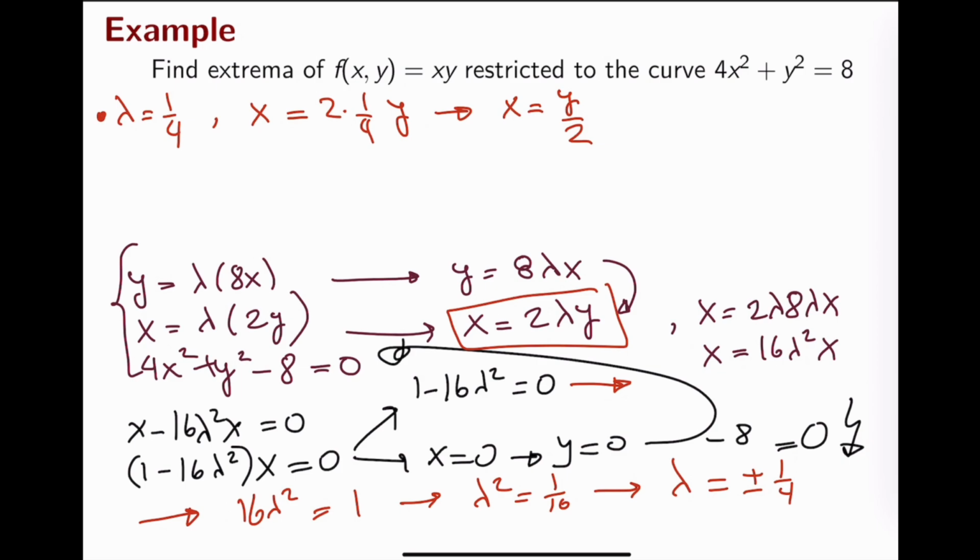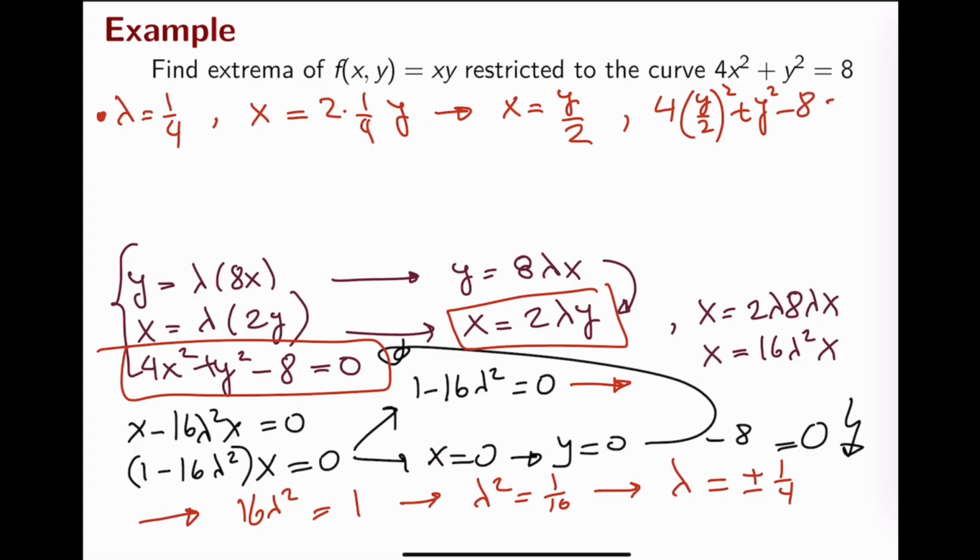And then we substitute in the third of the equations and we get x squared, but x is y over 2 now, squared, plus y squared minus 8 equals 0. So doing the operations here, we get y squared over 4 plus y squared equal 8. And so we have that 2y squared equal 8, y squared equal 4, and y equals plus or minus 2.